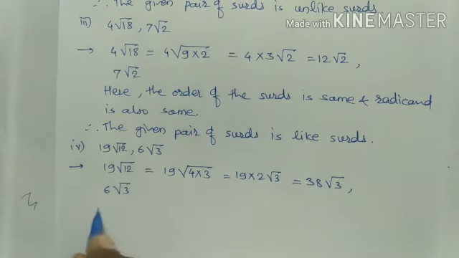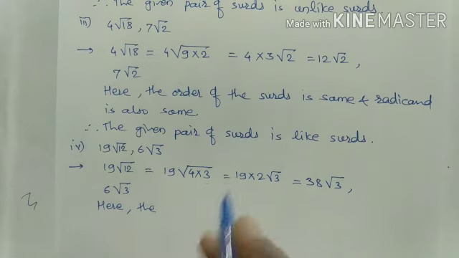6√3. Here the order of the surd is same, that is 2, and the radicand is also same, therefore these are like surds.